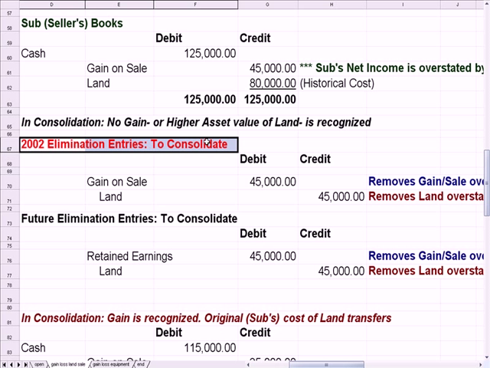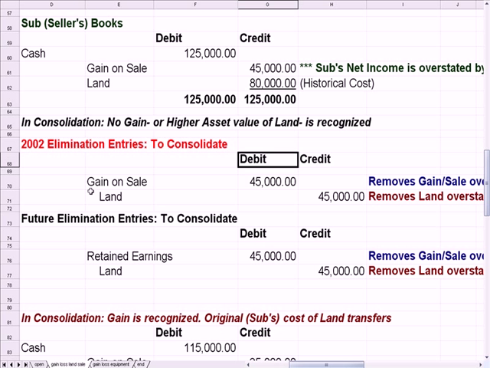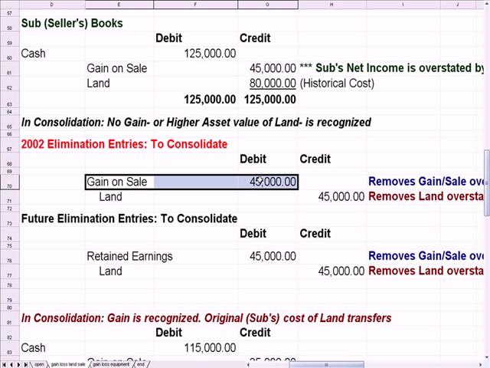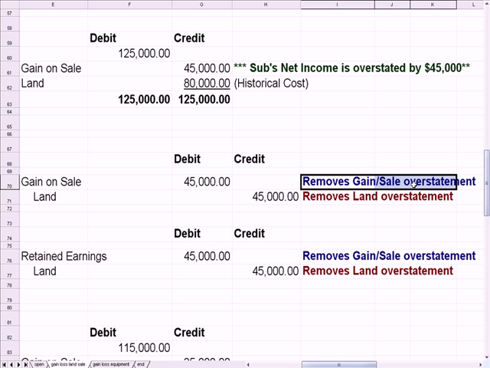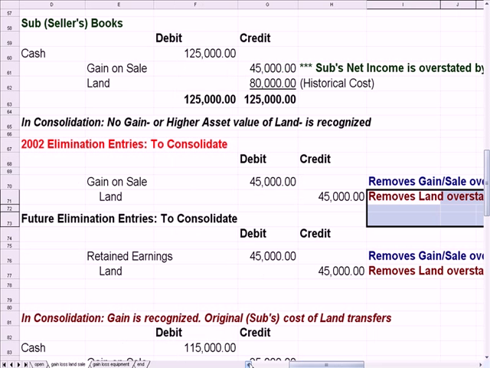So in 2002, the year that it occurs, if we were doing elimination entries to consolidate both parent and sub, in total, regardless of whether it was non-controlling interest or parent, we would debit to reduce an account called gain on sale, and I write off to the right here, removes the overstated gain on sale, and we would credit to reduce an account called land, $45,000, which removes the overstated land. That's what we do in the current year.